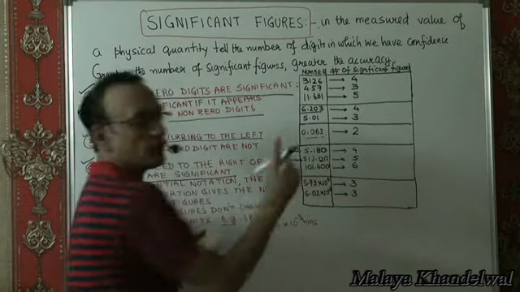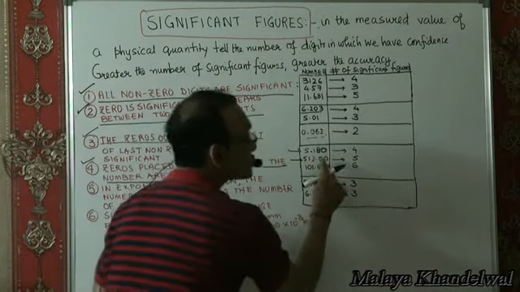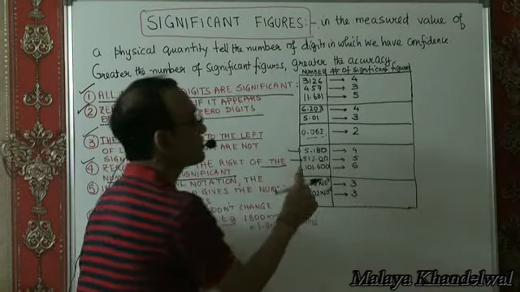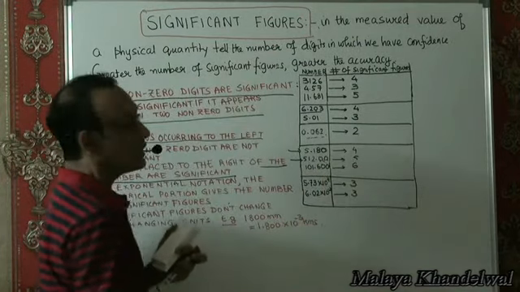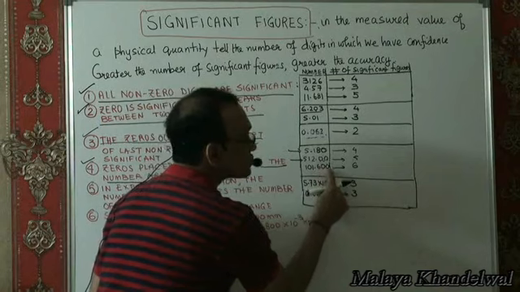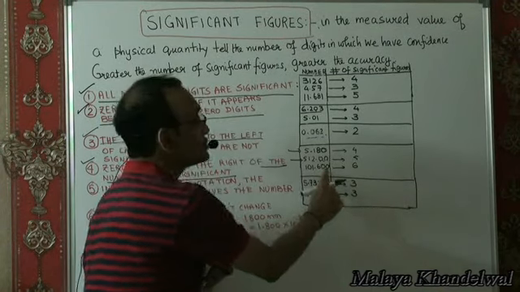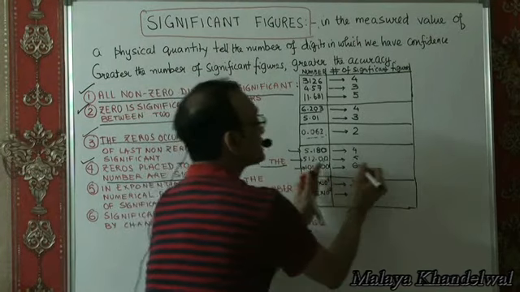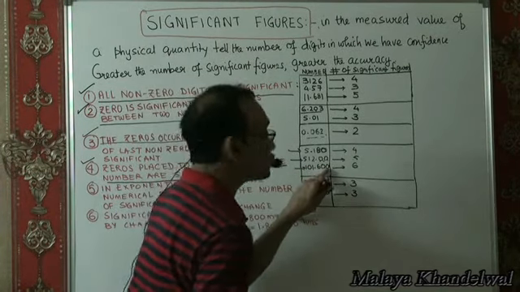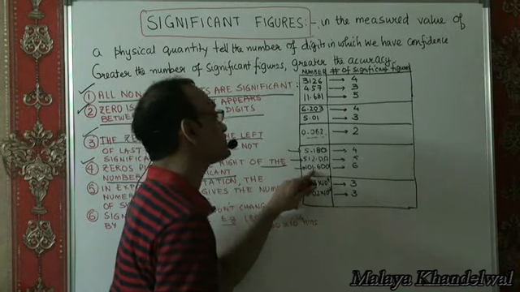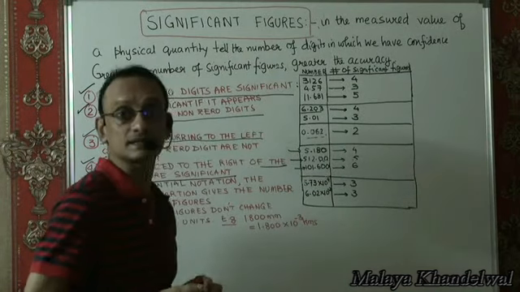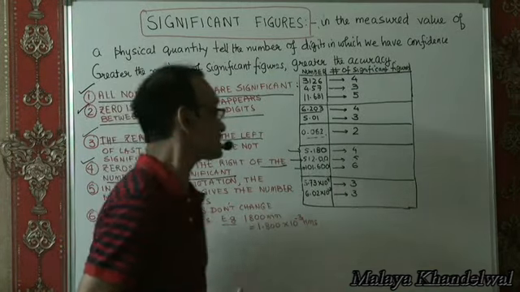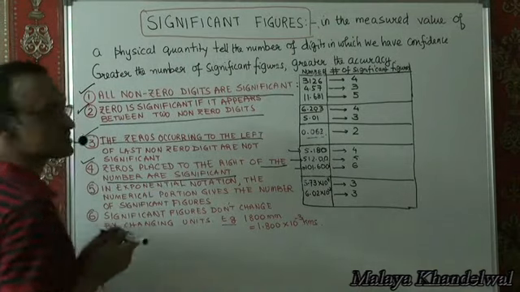Look at 512.00. These zeros are counted and the number of significant figures would be 5 here. Look at 101.600. These zeros will also be counted and the number of significant figures would be 6. Yes or no? 3 and 3, 6. So that's as far as rule 4 is concerned.